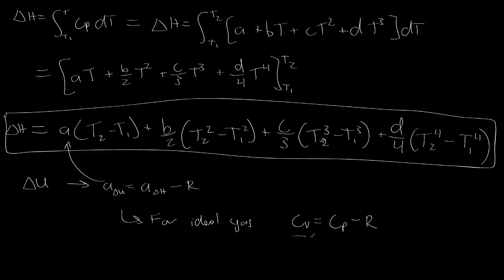And in order to describe where this equation comes from, we'll do a really quick derivation. We can write delta H is equal to delta U plus delta PV. If we substitute in the specific heats for delta H and delta U, we can come up with C sub P delta T is equal to C sub V delta T plus delta PV.